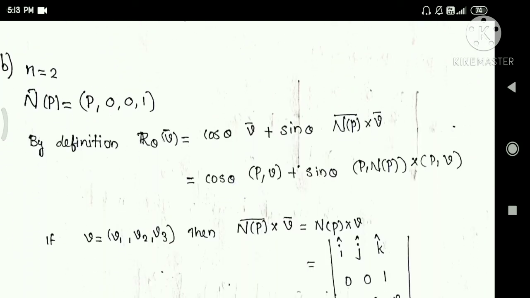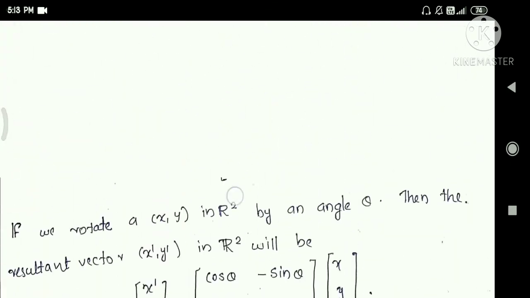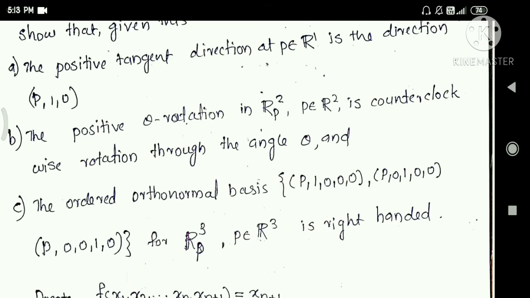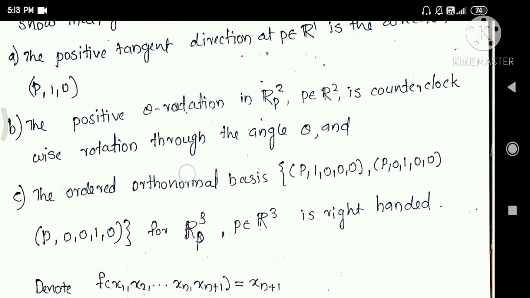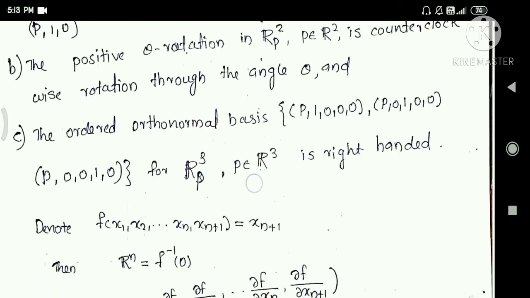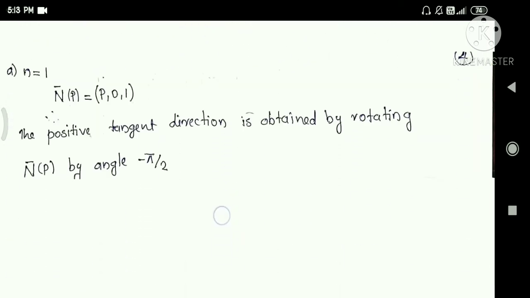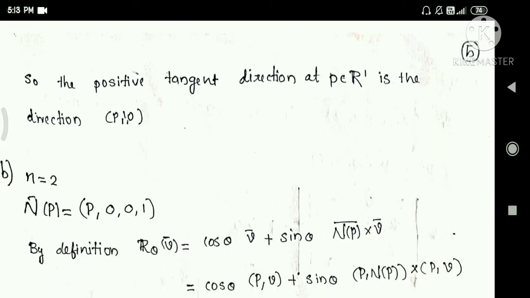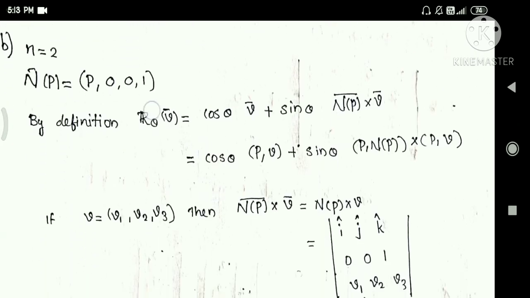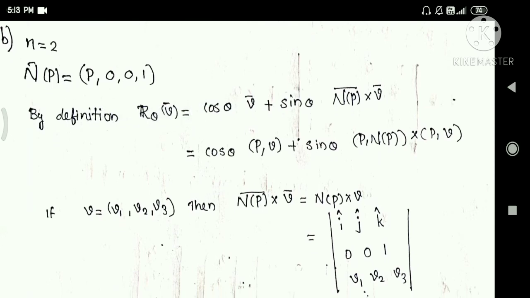Next we want to show that the positive theta rotation in RP2 is counterclockwise rotation through the angle theta. For that, here it is the case when n equal to 2 and here n of p equal to p0, 0, 1.